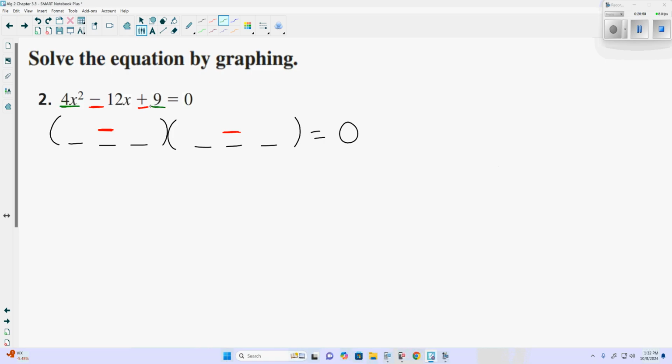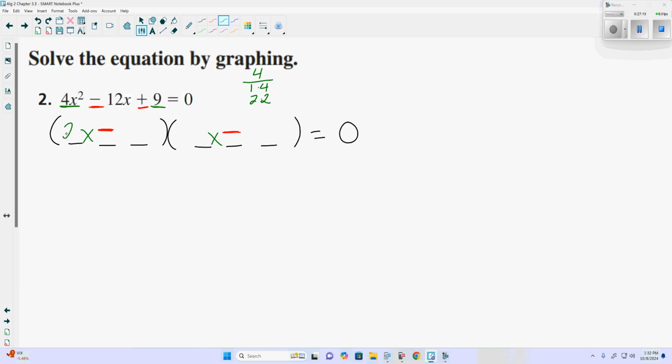Our fourth step is to find the factors of the first and third term. For our 4x squared, the factors of x squared are x and x. Factors of 4 are 1 and 4 or 2 and 2. Which one do we want to check first?